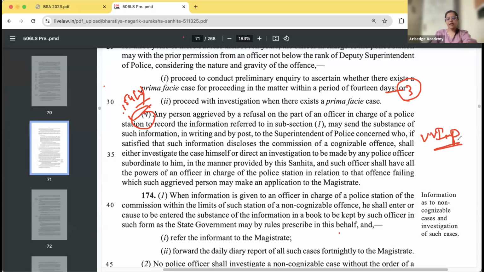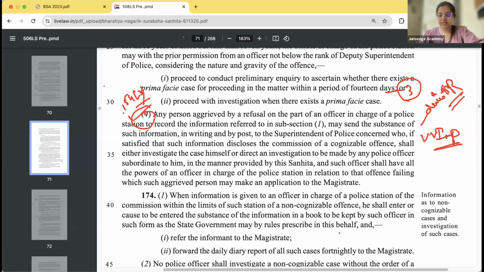So now, any person aggrieved by the refusal on the part of officer in charge of a police station to record the information referred in subsection 1, basically, if the police officer denies to record the FIR, even if the FIR was very complete in its whole sense.